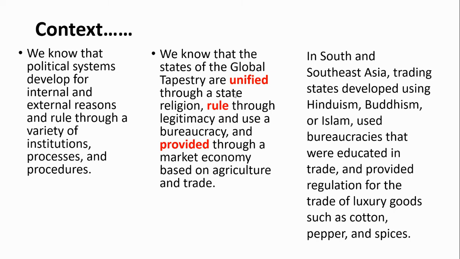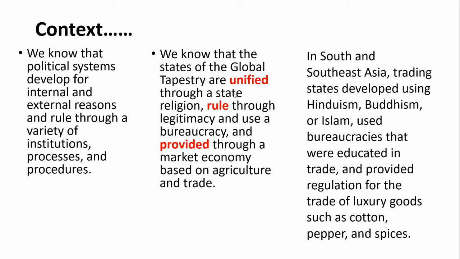So when we move to South and Southeast Asia, we're specifically looking at trading states, and I'll define those in a minute. Now, these trading states are going to use either Hinduism, Buddhism, or Islam to unify their population.